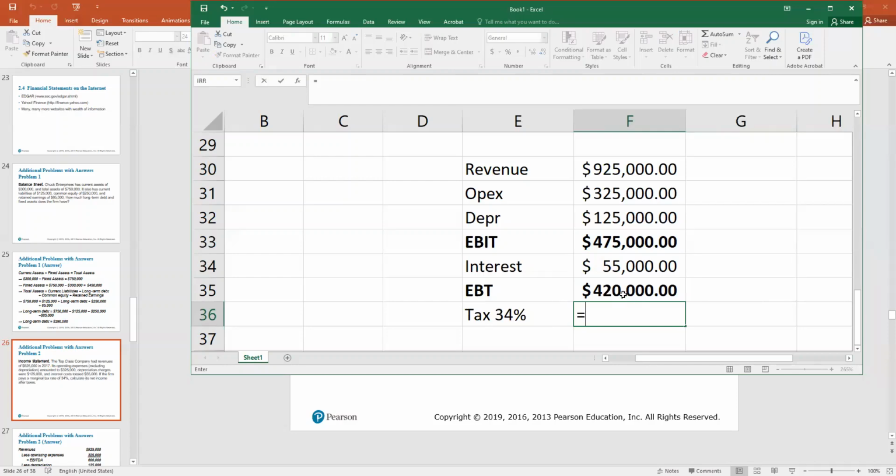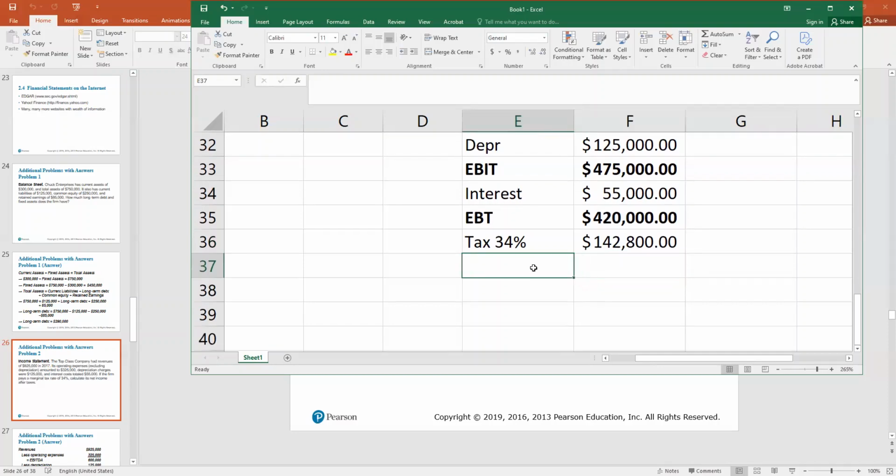This multiplied by 34%. Then from EBT, we subtract the tax, and we get the net income.